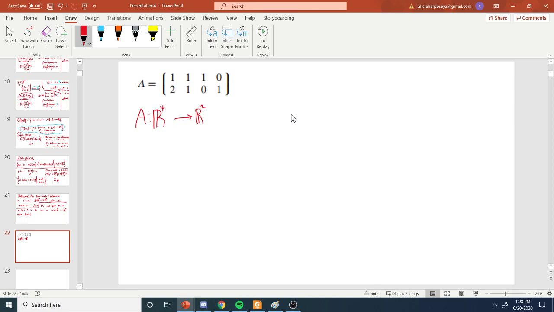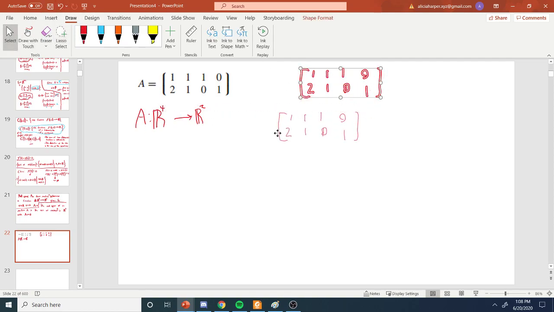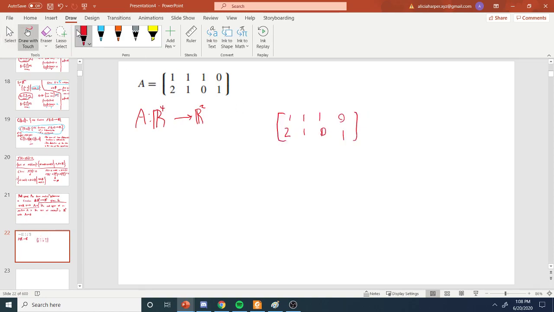So this amounts to looking at the following linear system: the matrix with rows 1, 1, 1, 0 and 2, 1, 0, 1, times a vector x0, x1, x2, x3, and we want this to be equal to 0, 0.